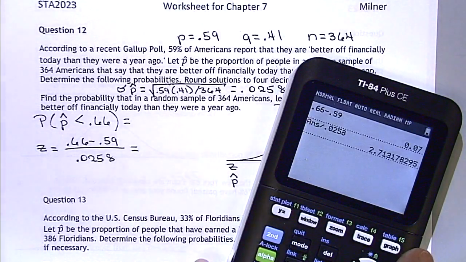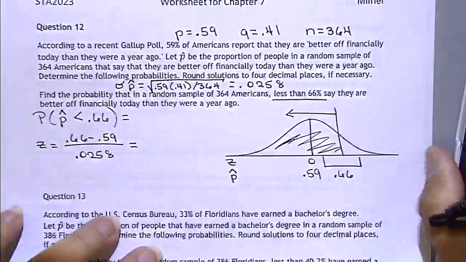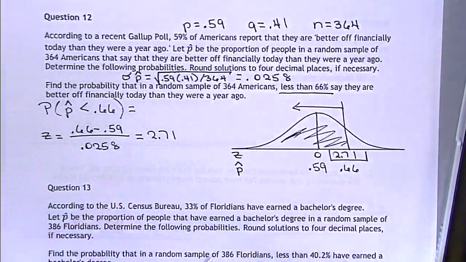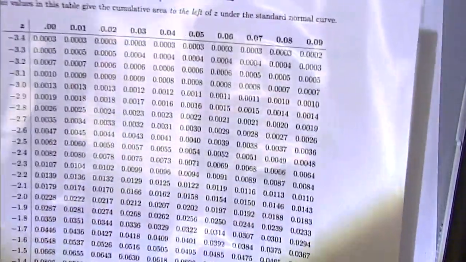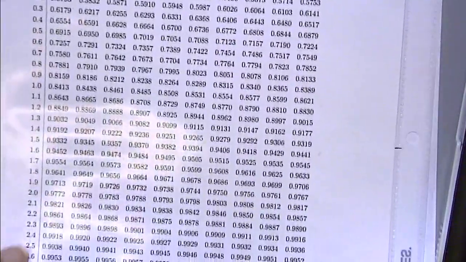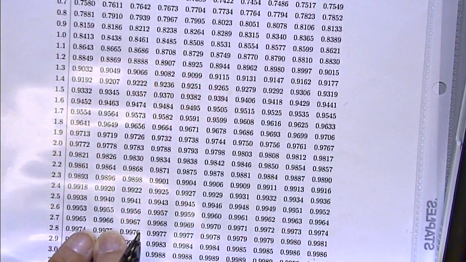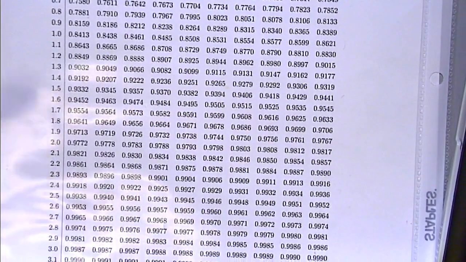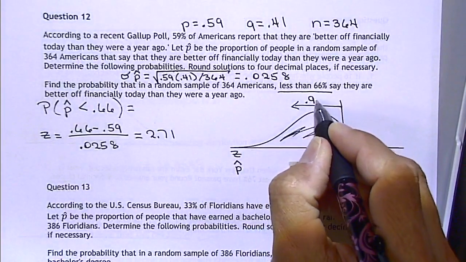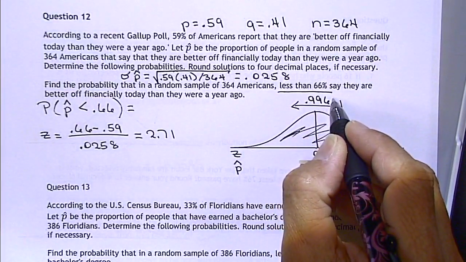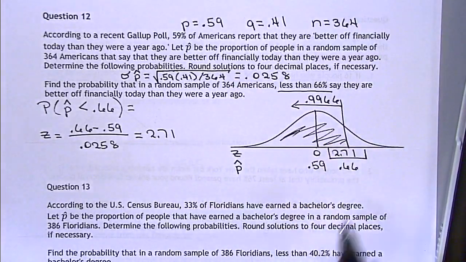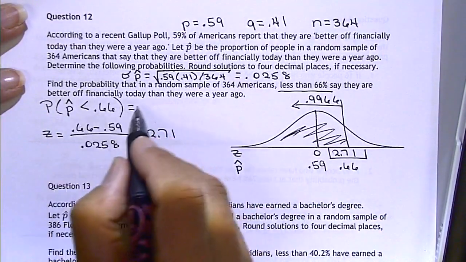Did I do that right? Yeah, you did it right. Okay, good. So I got 2.71. Now all I have to do is look up 2.71. Where does it go? Positive side, right? 2.7 is here, 1 is here. I end up with 0.9966, okay? Is that right? Is that what I got? Let me make sure. Yep, looks like it's right. Okay? That's the probability that they will be less than 0.66.